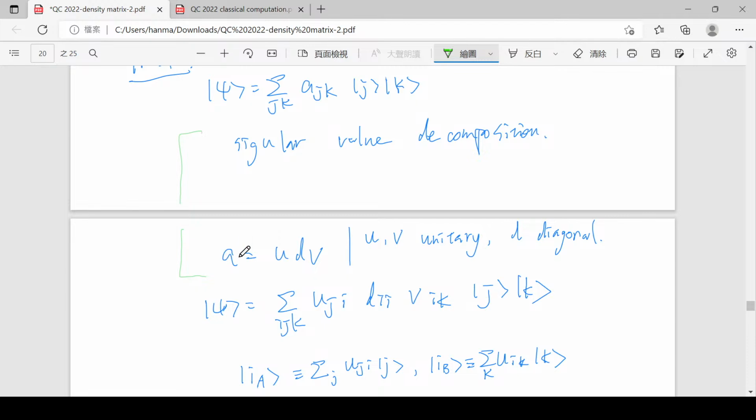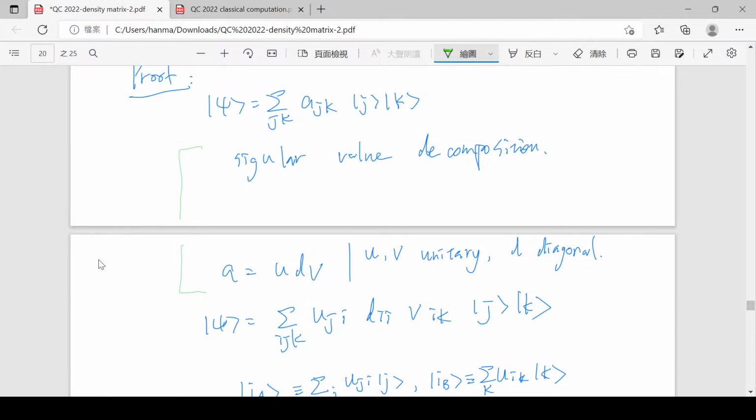You write your matrix A as a unitary times a diagonal matrix times another unitary. In unitary diagonalization, we say A equals U D U dagger.